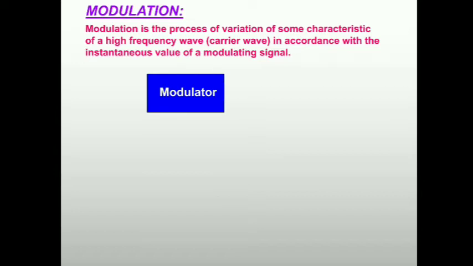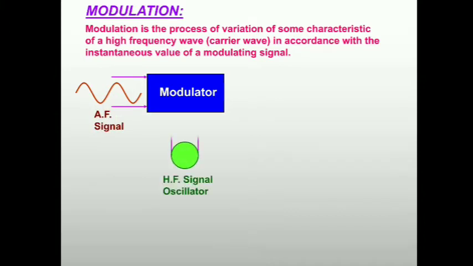Now I'll explain what modulation is with the help of a modulator. See, this is the AF signal. What is AF signal? Audio frequency signal, that is speech converted into signal. This signal is fed into the modulator, and inside the modulator the modulation process takes place, right?